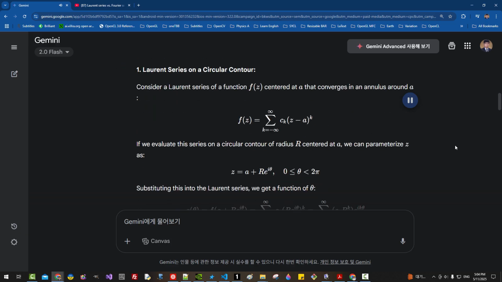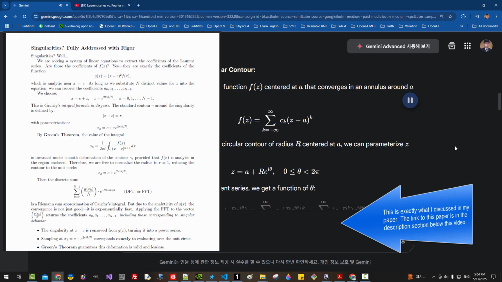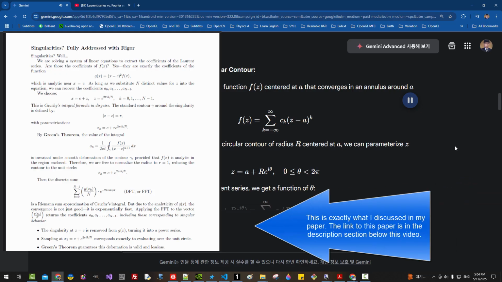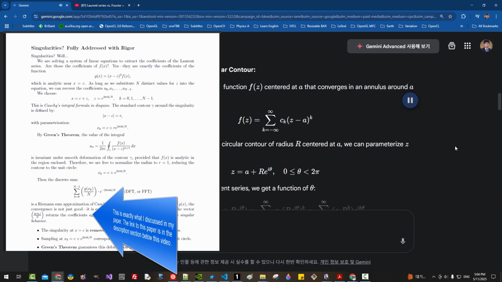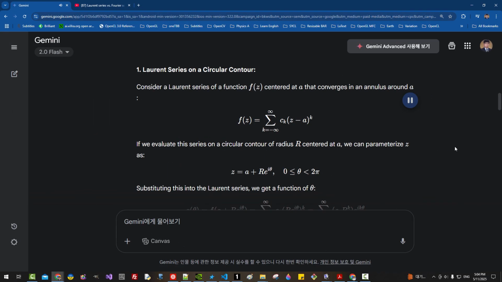1. Laurent series on a circular contour. Consider a Laurent series of a function f(z), centered at a that converges in an annulus around a.